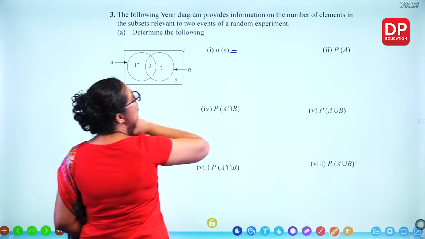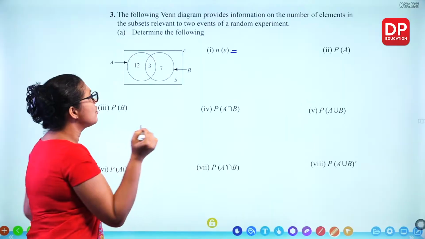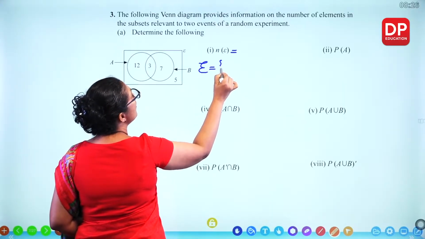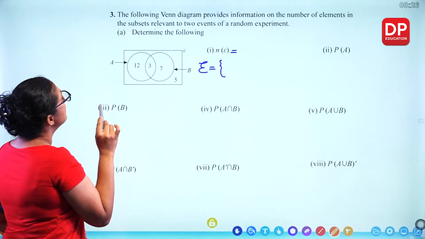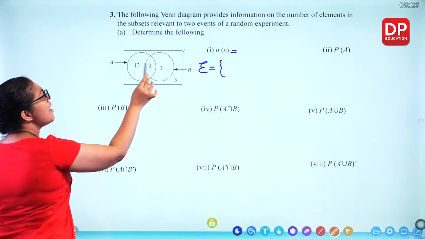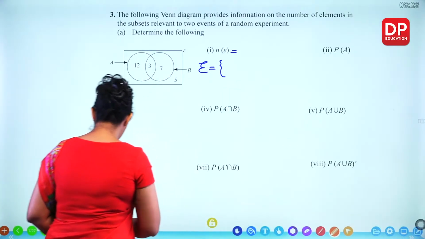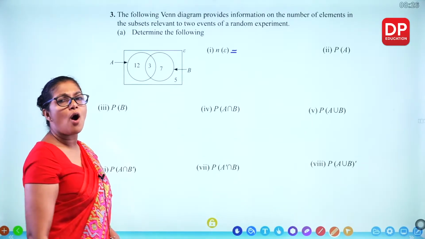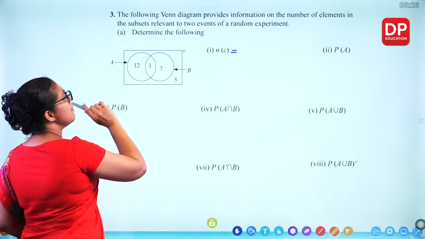So n(E). Before we write n(E), we need to write down the elements in epsilon or universal set. So when you look at this one here, these are numbers. So we can't write down the elements. So I'll erase that. We can just count how many elements are there, because just a number given means number of elements there.